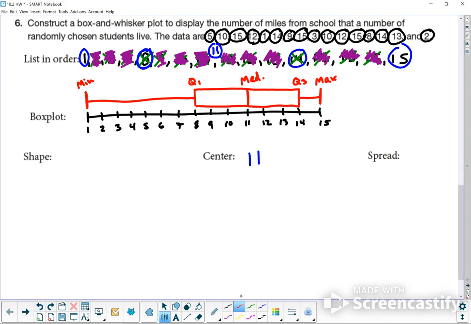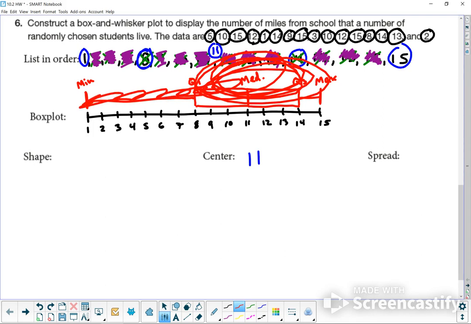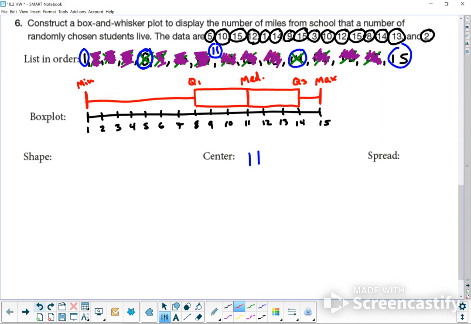Right, this one looks like it's definitely skewed to the left. So we'll say it's skewed left because more of the data is over here, and there's less of it over here. All right, so it's heavier on that side. So I'll say skewed left.